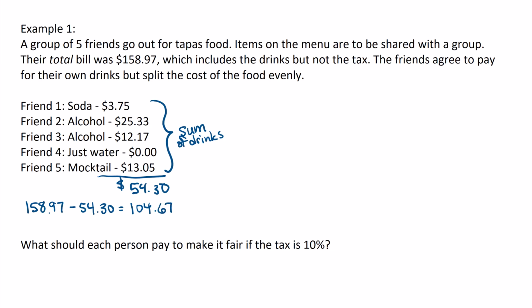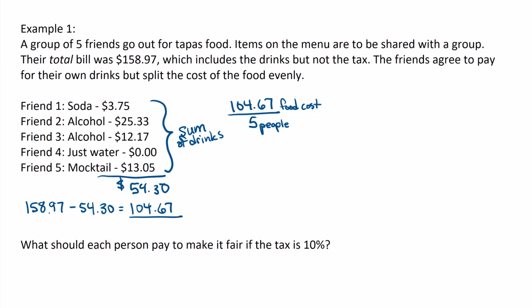Now we need to split this among 5 people evenly. So we'll take the $104.67 and divide it by 5. This will give us the food cost per person. Go ahead and pause the video and do that calculation.